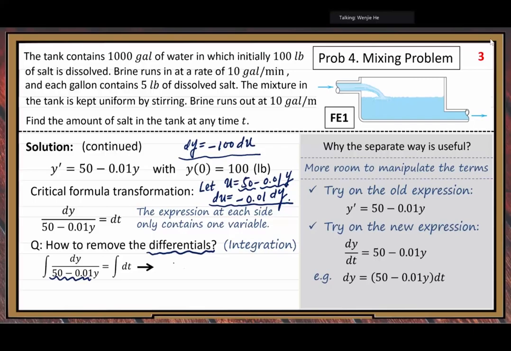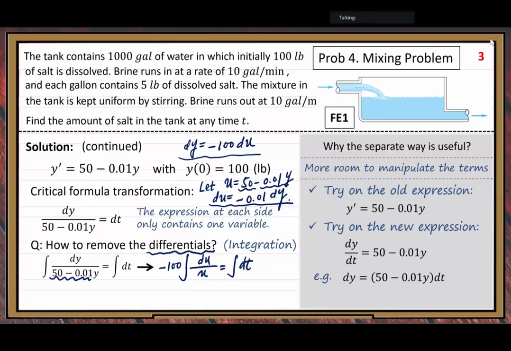Now, integral dy, that is negative 100, right? So we can put a negative 100 in front. du over u equals dt. So now it's pretty easy to do the calculation in this form.